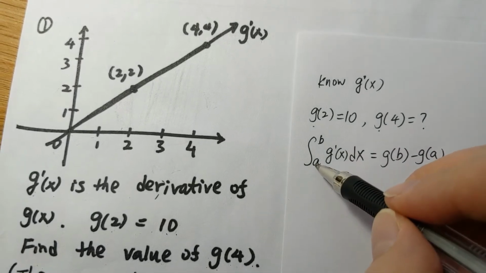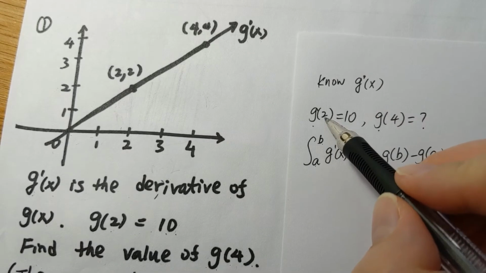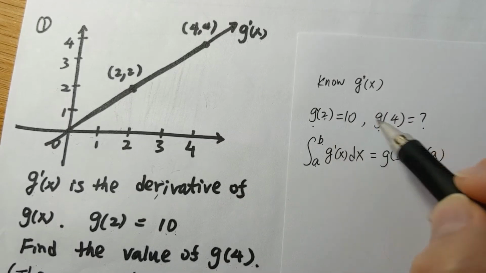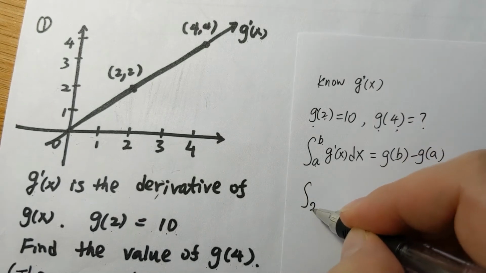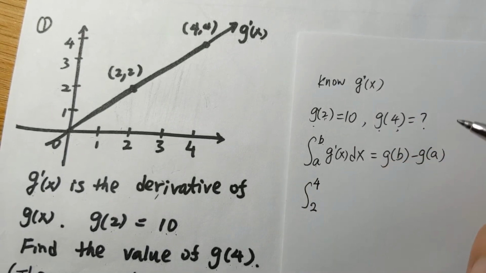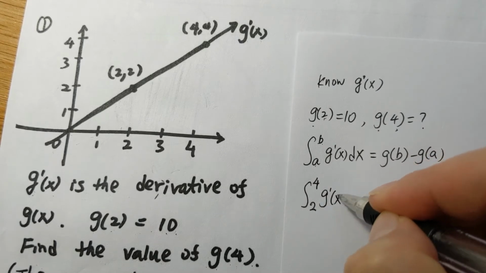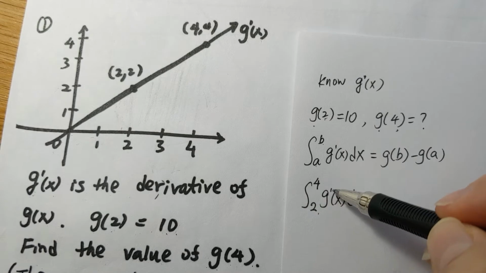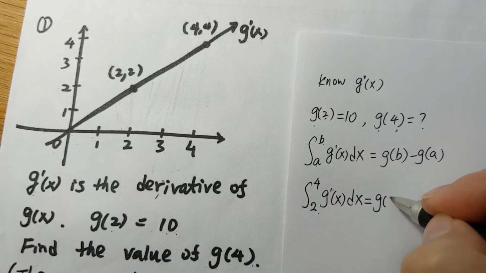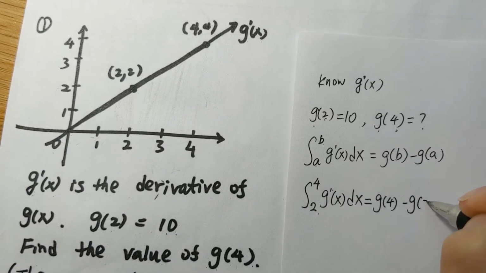So we need to know what a and b are. Let's take a look at the x values over here. We get x equals 2, x equals 4. So now we know a is 2 and b is 4. Then we got the integral from 2 to 4 of g prime of x dx equals g of 4 minus g of 2.